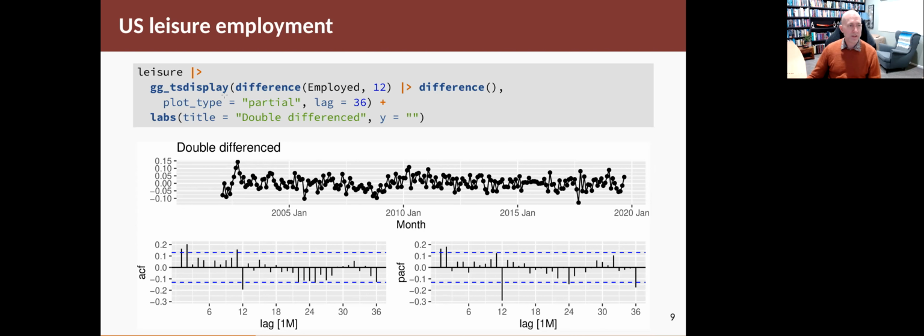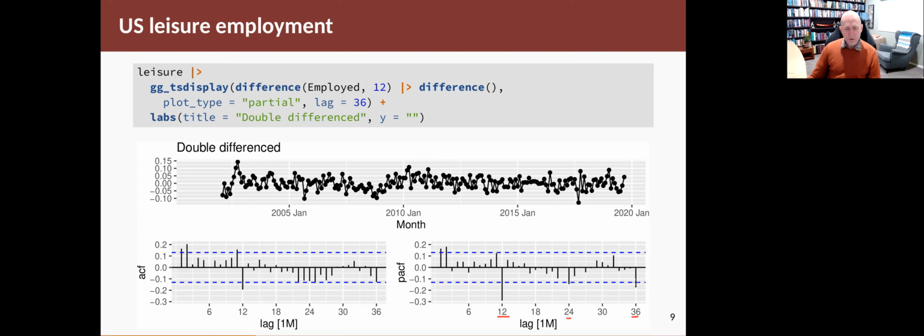So we've done 2 lots of differencing. So little d is 1, capital D is 1. And if you look at the seasonal lags only, so at 12, 24, and 36, so we're looking at these lags here, which are conveniently labeled on the axis so you can pick them out.